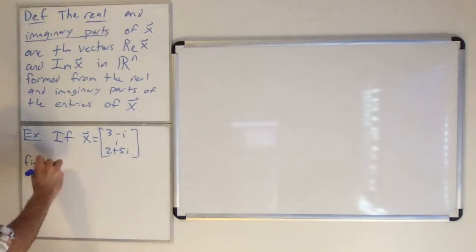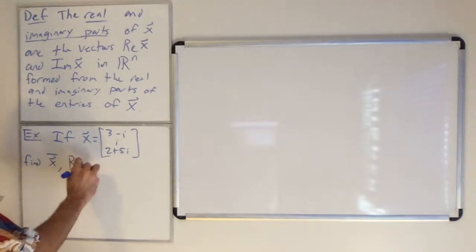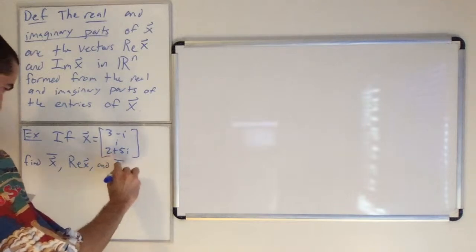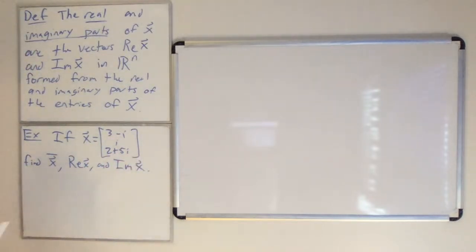Find X conjugate, the real components of X, and the imaginary components of X. If you feel like you have the answer, feel free to share in the comments. But this is really straightforward here.